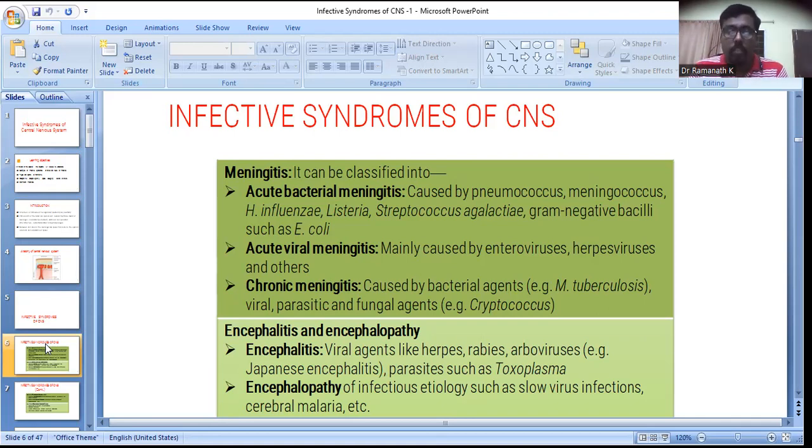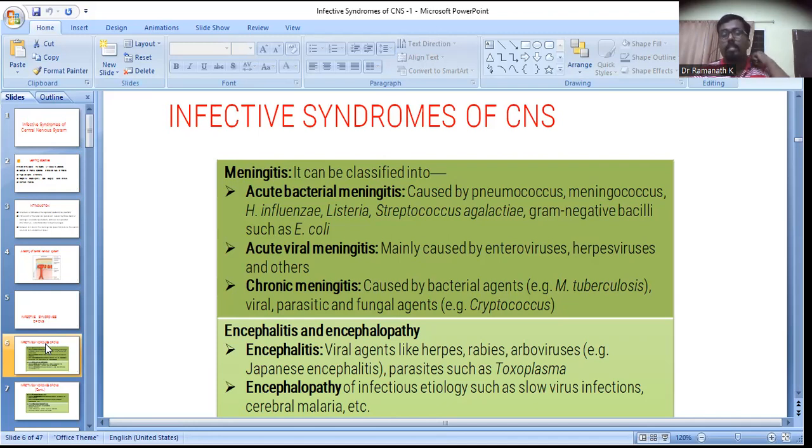Next definition or terminology what you have to know is encephalitis and encephalopathy. Encephalitis is the inflammation of the brain parenchyma, where most of the time it is produced by the viruses. So, herpes virus, rabies virus, arboviruses, which are arthropod-borne viruses like Japanese encephalitis, sometimes the parasite like Toxoplasma can produce encephalitis.